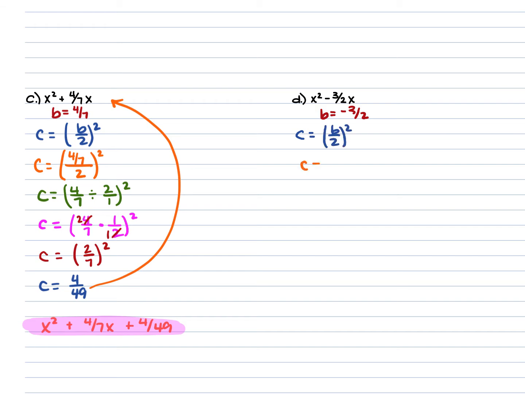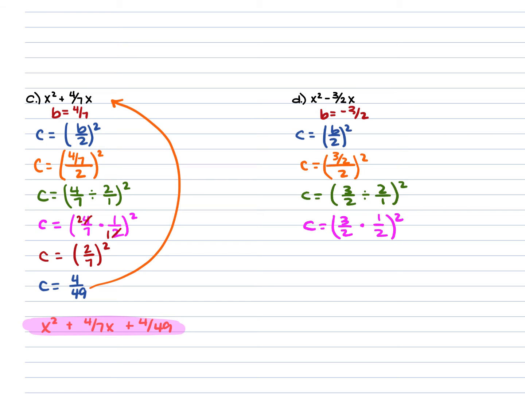That's going to give us 3 over 2 divided by 2 squared. Again, write this as a division problem. So that's 3 over 2 divided by 2 over 1, squared. Keep, change, flip. That's 3 over 2 times 1 over 2, squared.